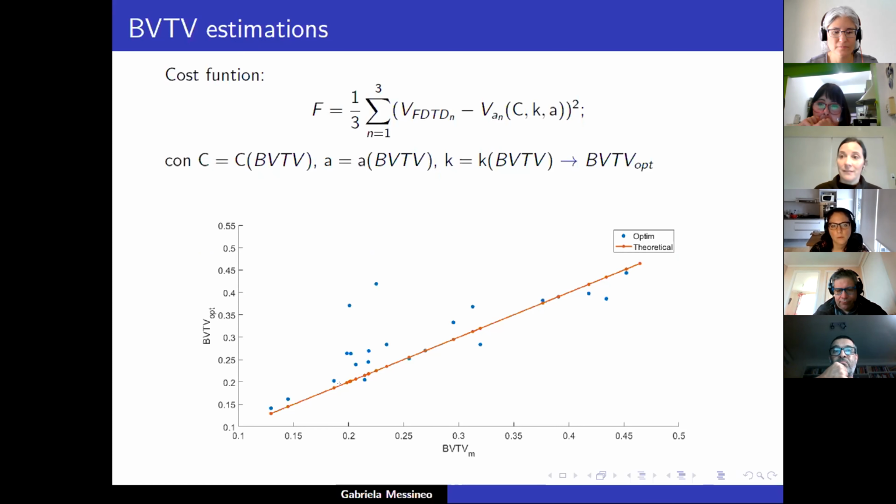So that is one of the things that we need to keep working on. We need to study how the errors in the estimations of the parameters influence the estimation of the volume fraction. I don't know if I answered your question.